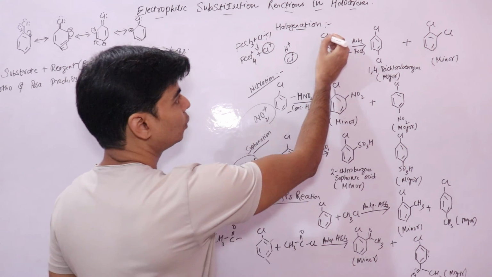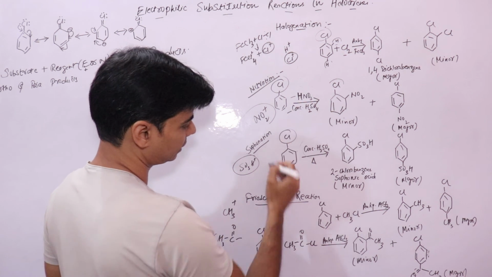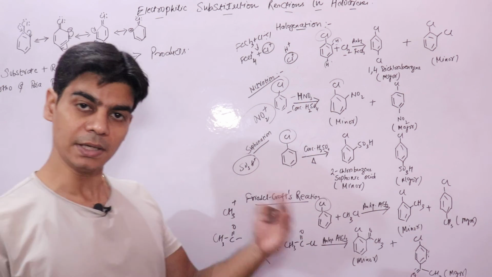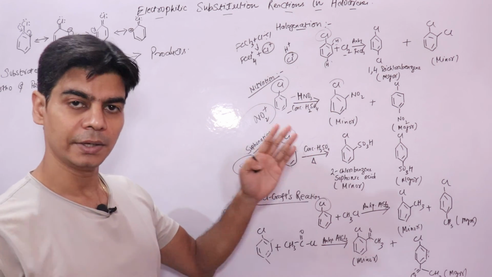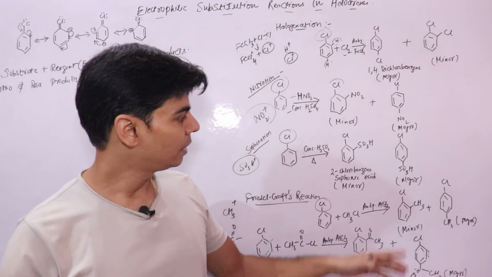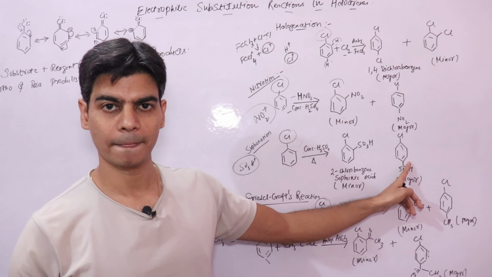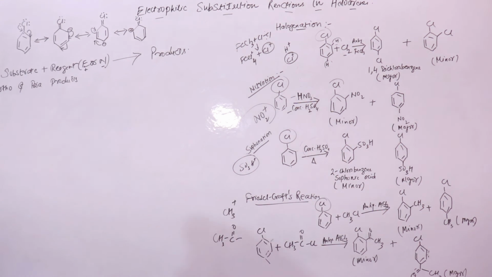Here we have chlorine in all the reactants. So it is chlorine that will direct the incoming group. The incoming group is your electrophile. It will direct the electrophile to your ortho and your para positions. So it is important to understand the directive influence.